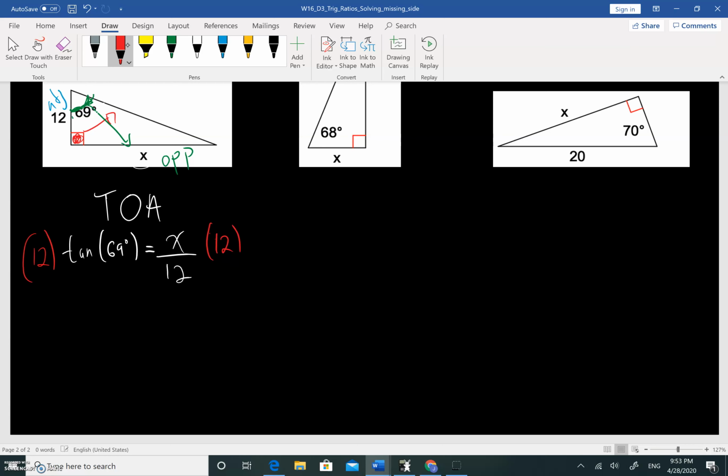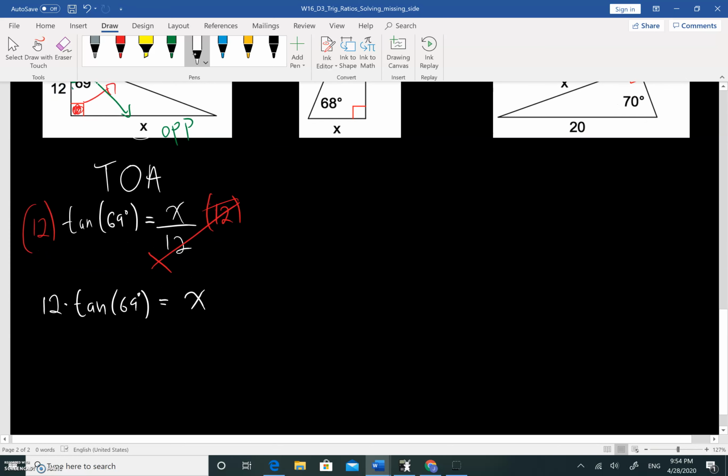If I do that, it's going to become 12x, and then 12x divided by 12 is just going to be a big 1, and the x by itself. So our answer is going to be 12 times tangent of 69 degrees is equal to x.